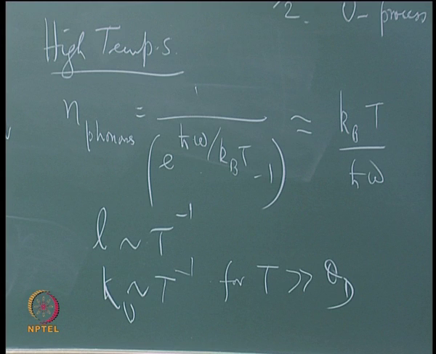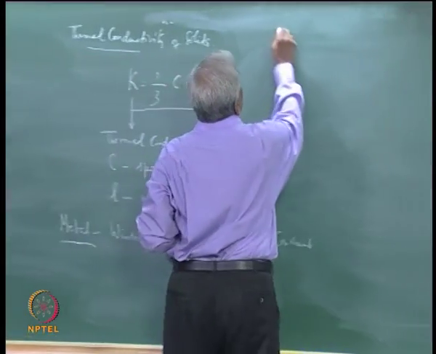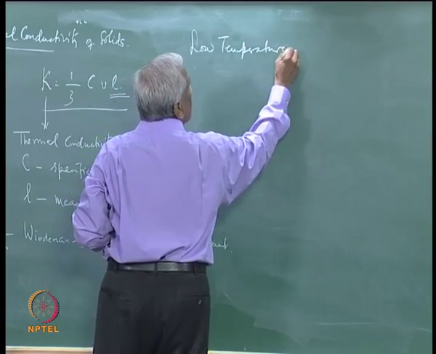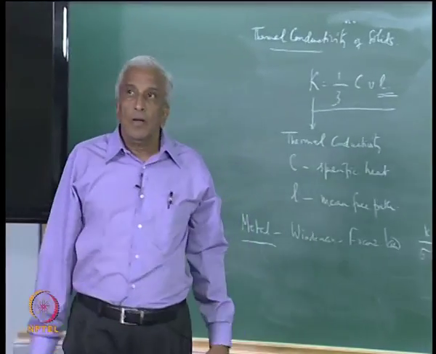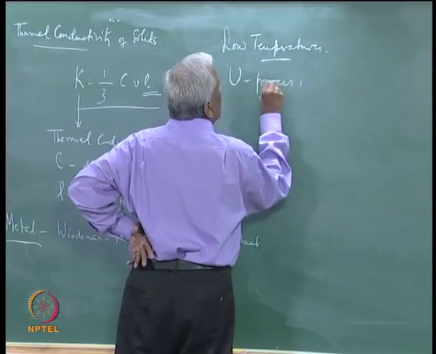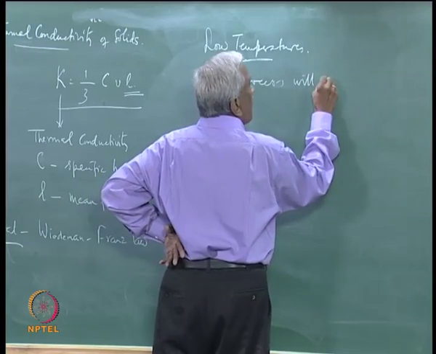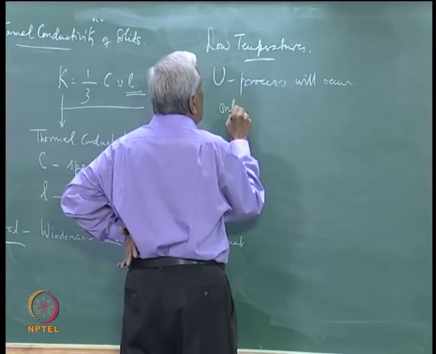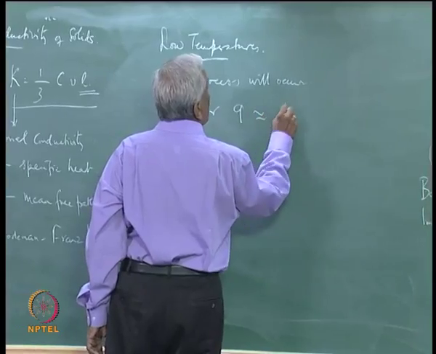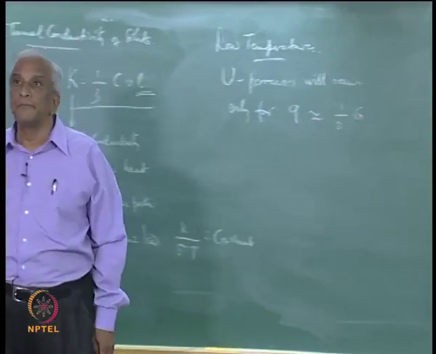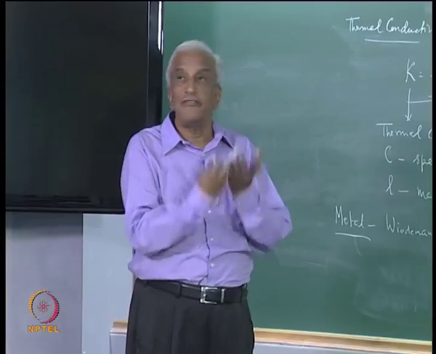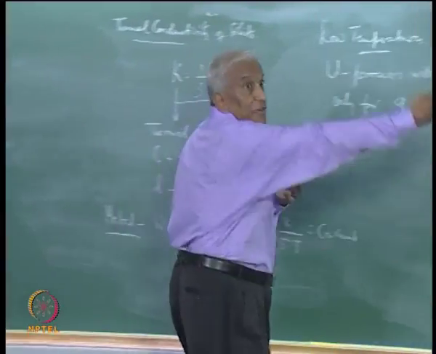Now, let us go to the low temperature region. At low temperatures, the Umklapp process will occur only for q of the order of half G. It should be half a reciprocal lattice vector, for the interacting phonon wave vectors, because the resultant should be outside the first Brillouin zone.